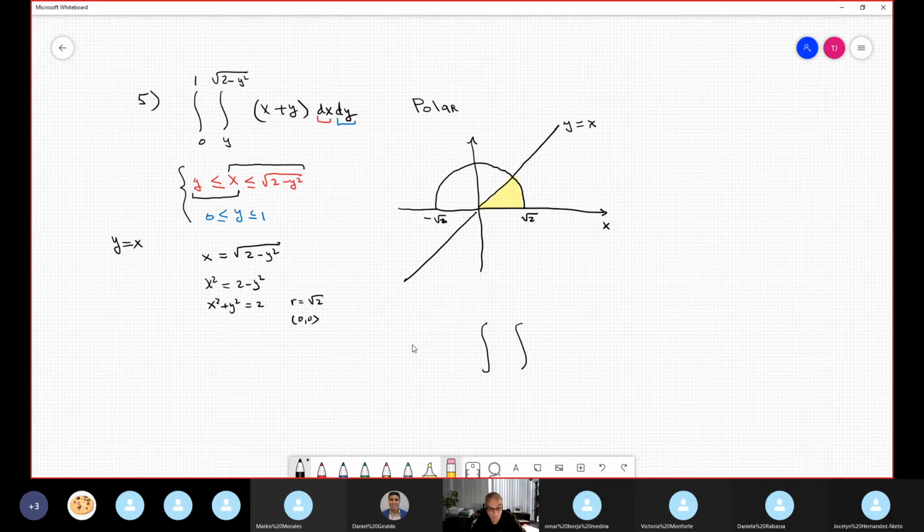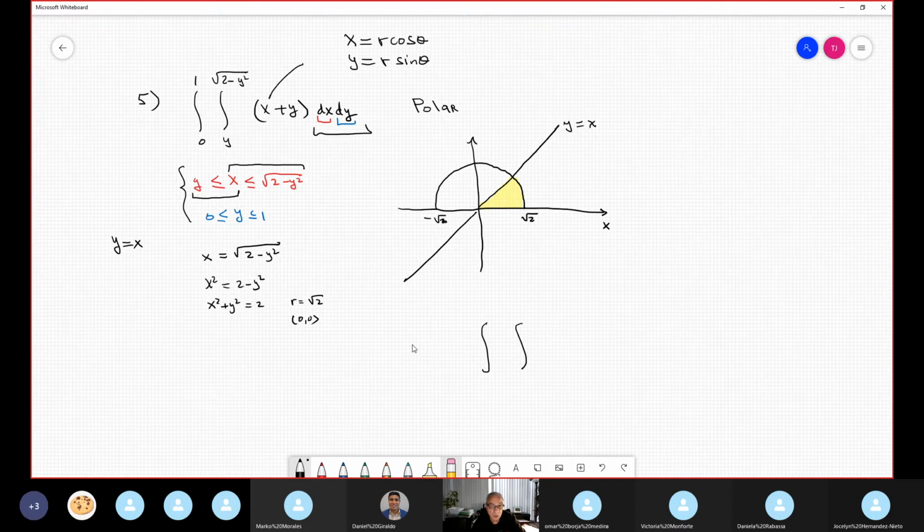First of all, I need to change the integrand function. The integrand function is x plus y. I know that x in polar is r cosine theta, and y in polar is r sine theta.